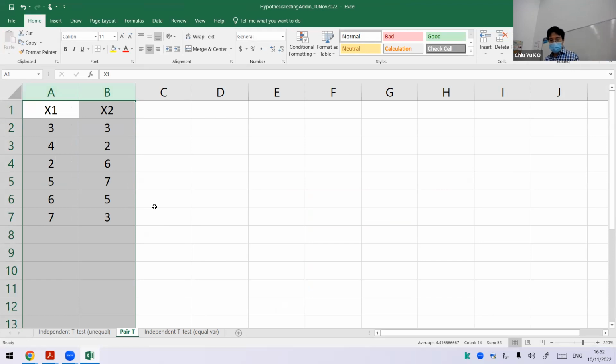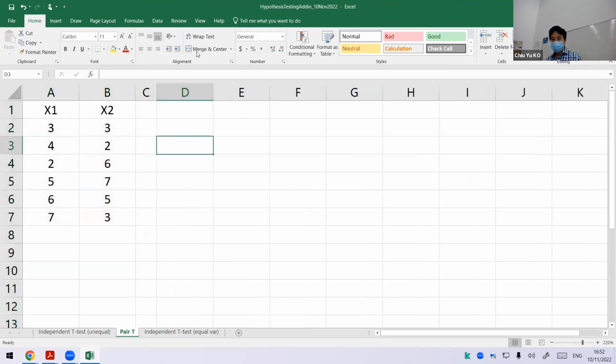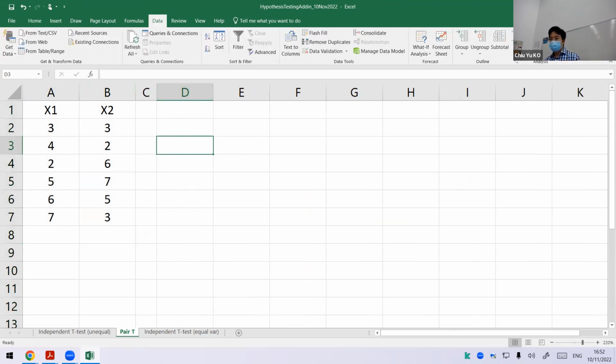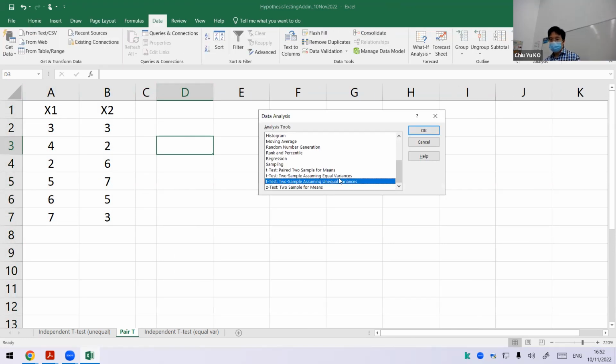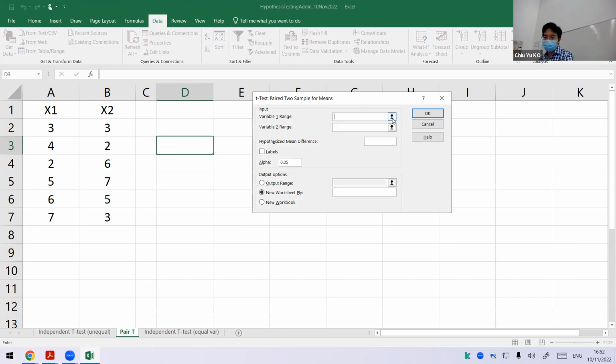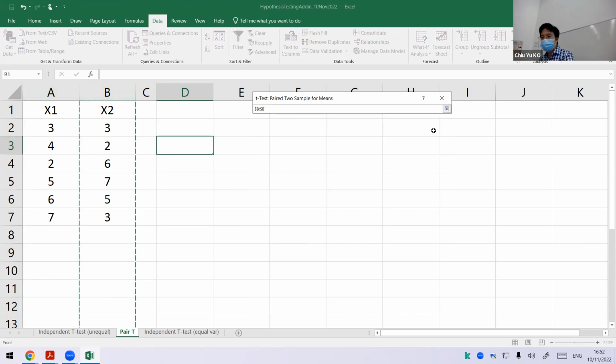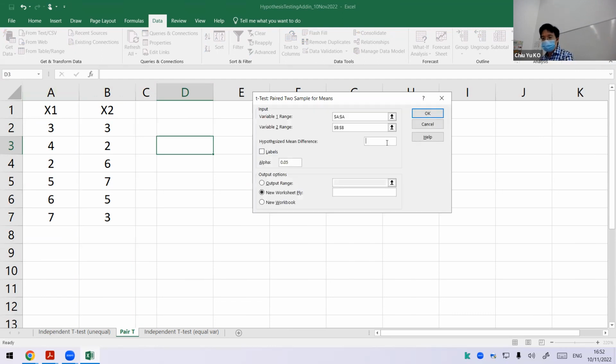But Excel has an add-in to do it directly. So I go to Data, then Data Analysis, and then the fourth from the last one, which is the t-test for paired samples. Again, I just put in the first column and the second column there, and I tell it the difference is 0. You can put any number, but we just test that they're the same. There's a label there.